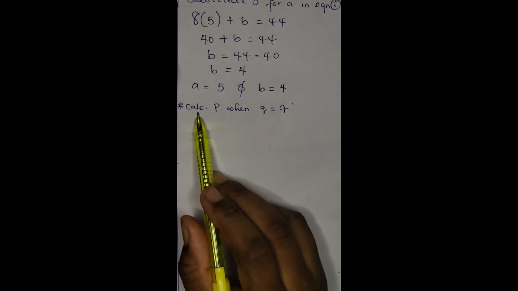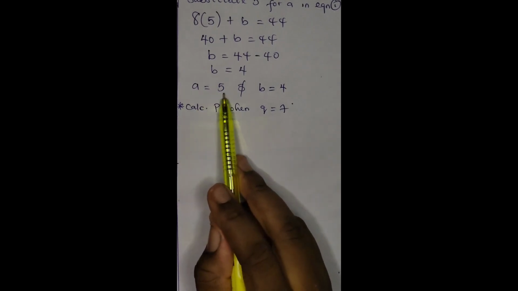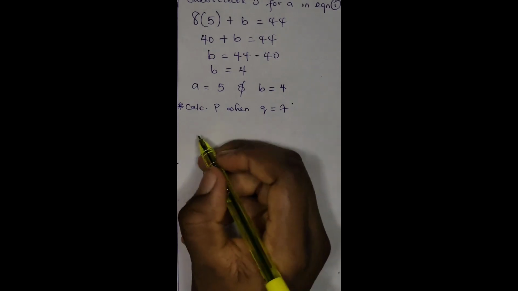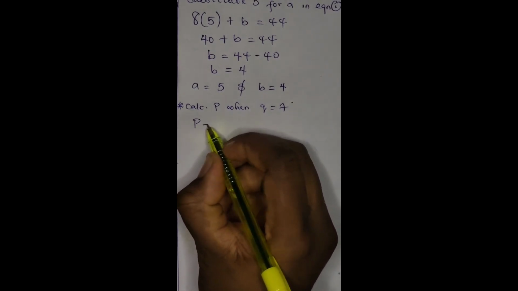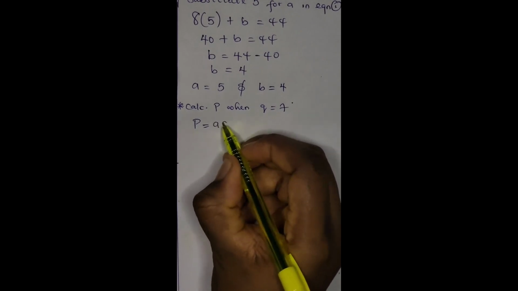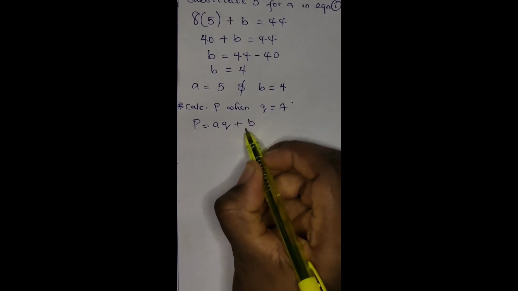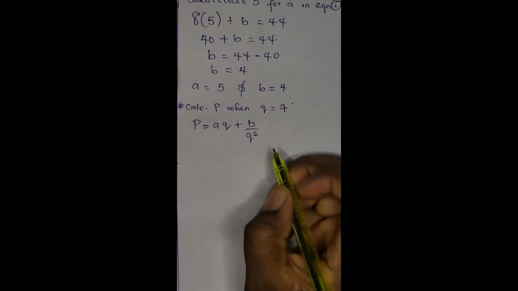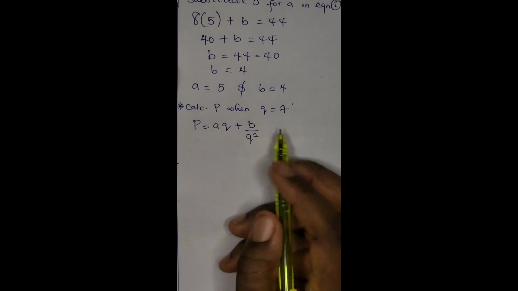So we are asked to calculate p when q equal to 7, having gotten our a as 5 and b as 4. Remember, the equation is p varies directly as q and inversely as q squared. So we are calculating p when q is equal to 7.